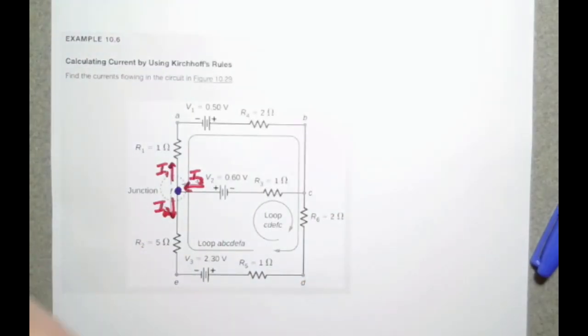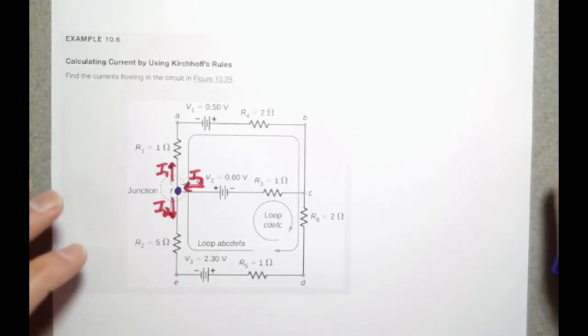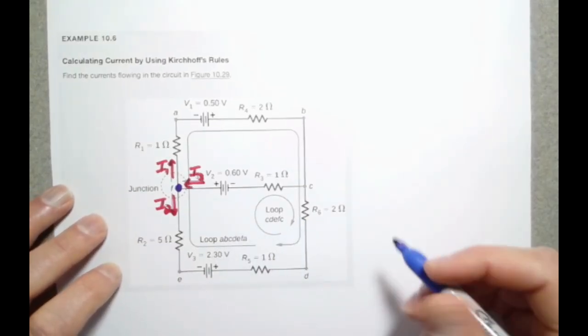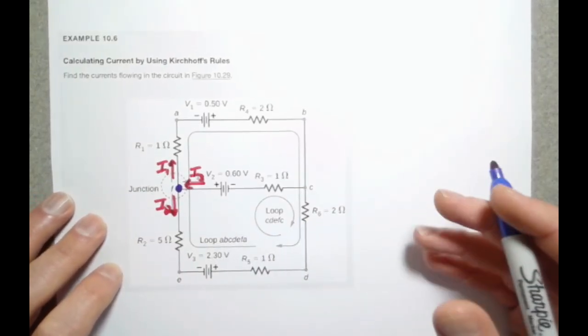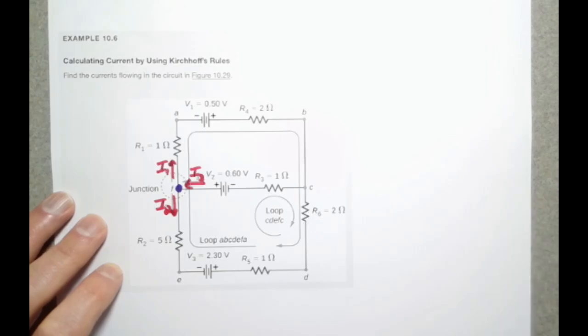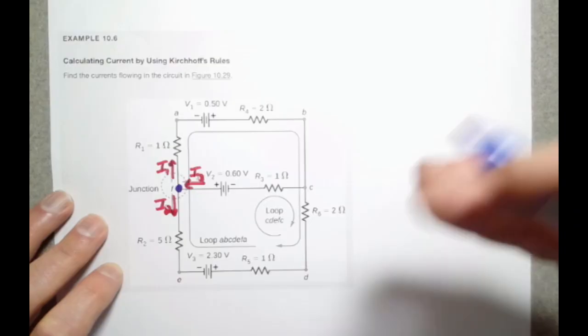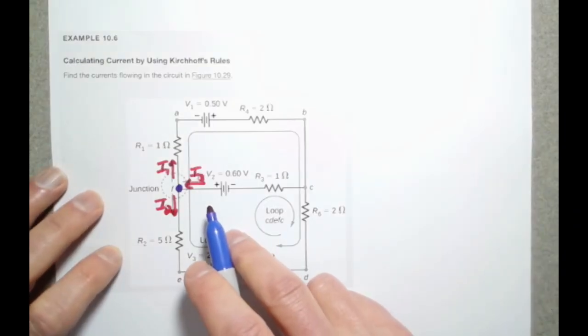Whenever you assign currents, you assign I1 with a direction, I2 with a direction, I3 with a direction. The directions matter because as you go across elements, the voltage is either going to go up or down based on the direction of the current, okay?